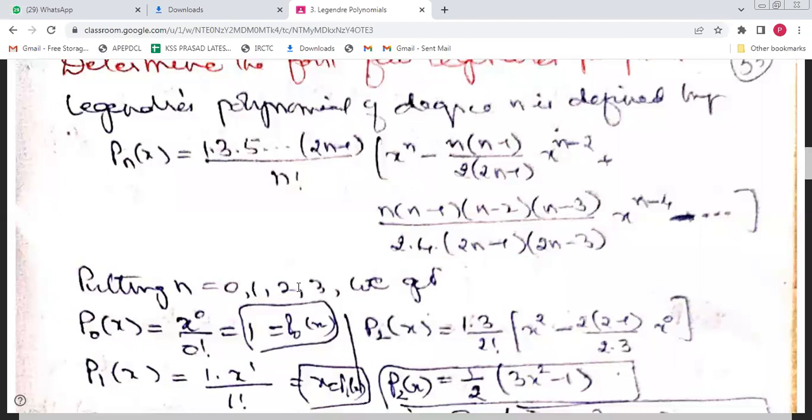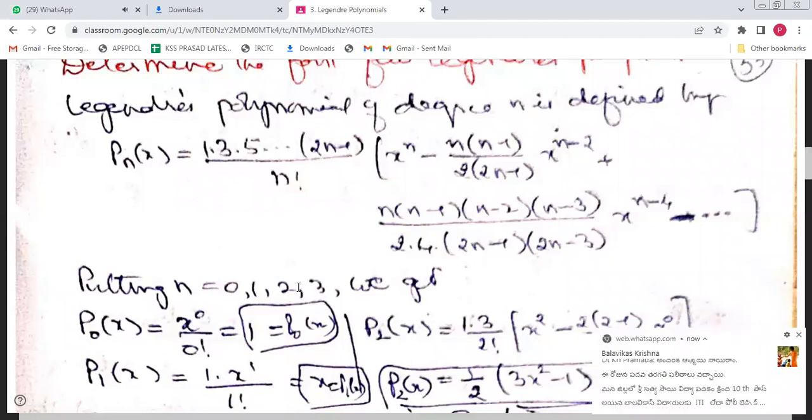P1 of x, that means put n equal to 1, that becomes 1 into x power 1 divided by 1 factorial, which is nothing but x, the identity function.